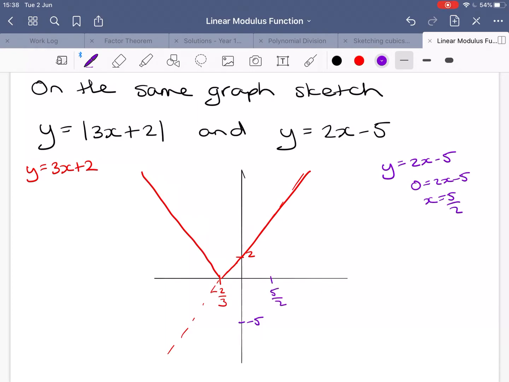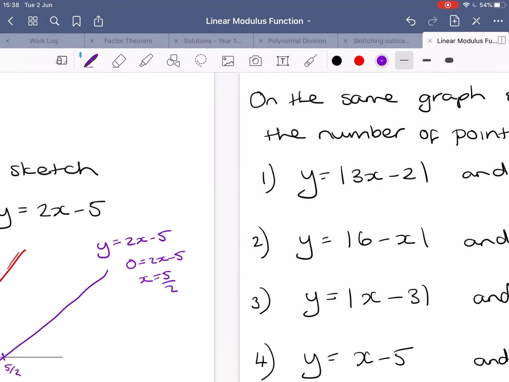And again, is it steeper or shallower than the red line? Well, it's shallower. So I've got to draw my gradient shallower than the one on there. So actually I need to draw it a bit more like that, with the 5/2 over there, because I need to draw my line more shallow. So actually this equation has no points of intersection.